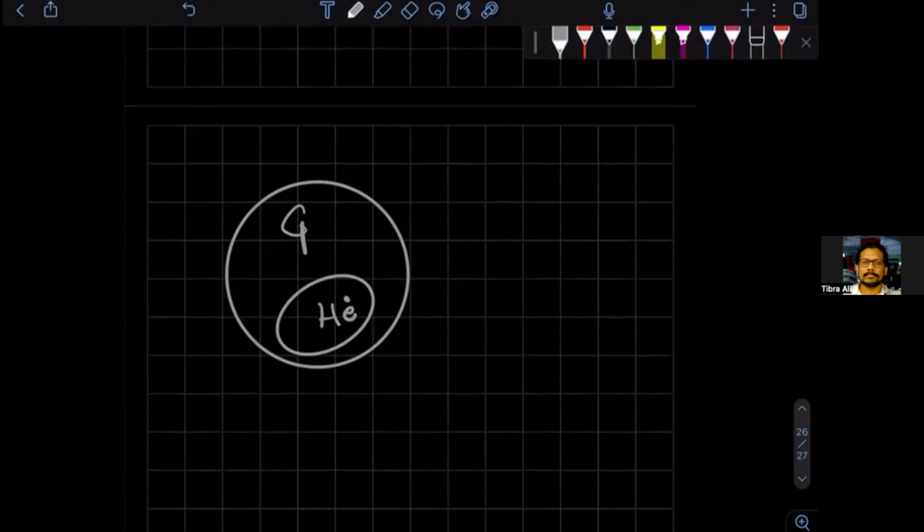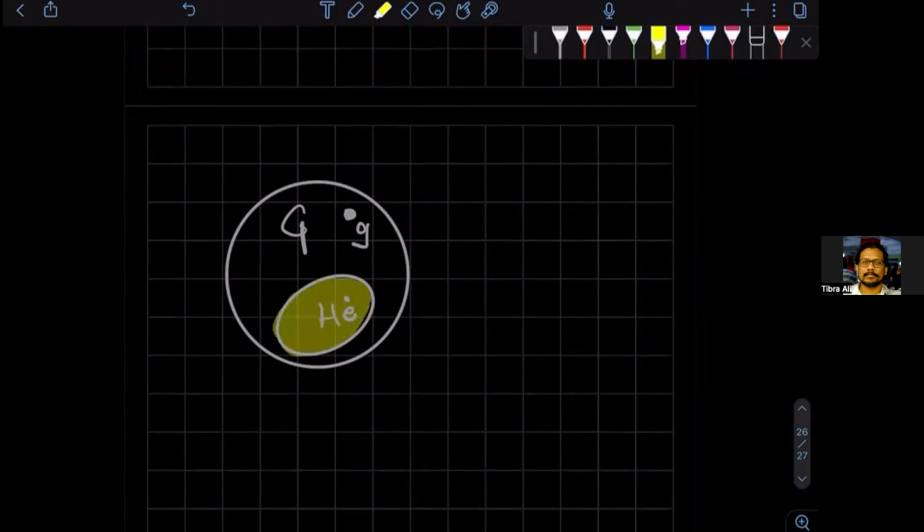Now, suppose you take some element from G, call it g, and it's not part of the subgroup. We'll explore what happens when it's part of the subgroup.